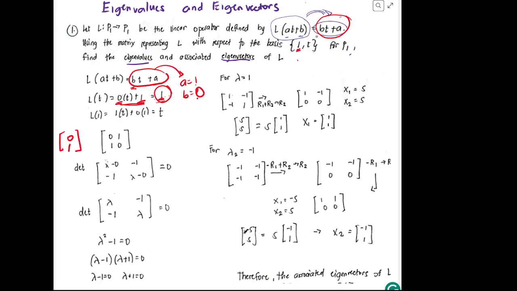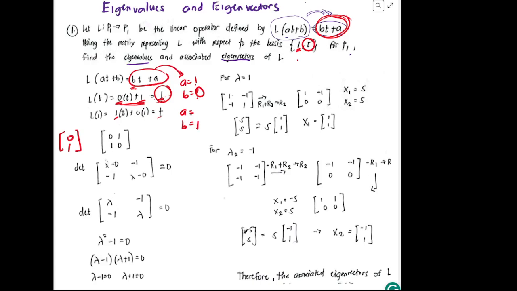Now, the second is the t. How will we derive a t result from this operator bt plus a? What should be the value of a and what should be the value of b? Since we want t only, of course, the coefficient of t, which is our b, should be 1.